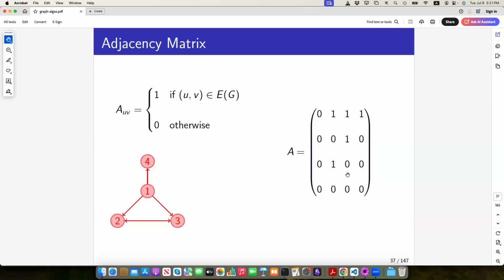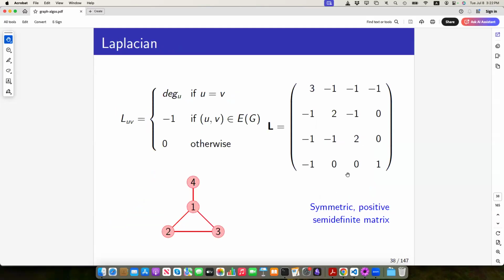It can encode directed graphs as well in a similar way. And now here's an important matrix, which is called the Laplacian of the graph. How many of you have seen the Laplacian before? Okay, only a few. This is another matrix representation with different properties from the adjacency matrix.